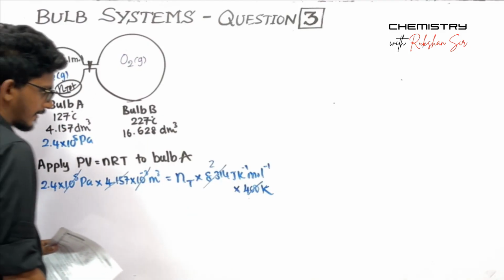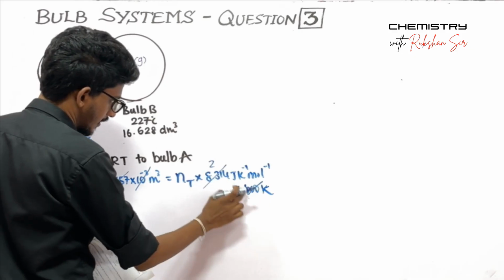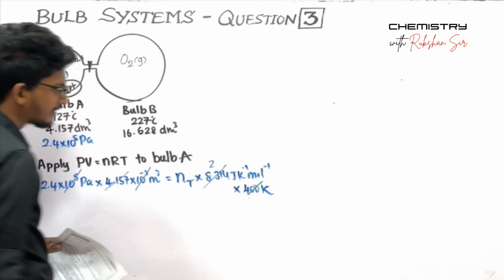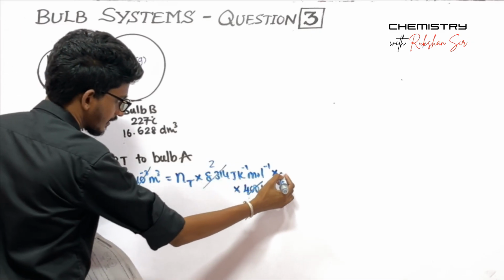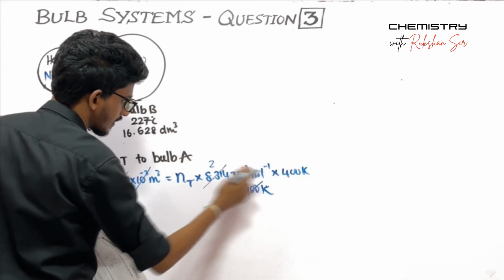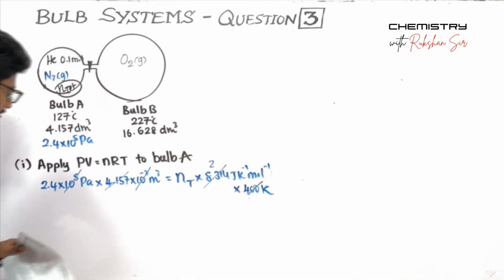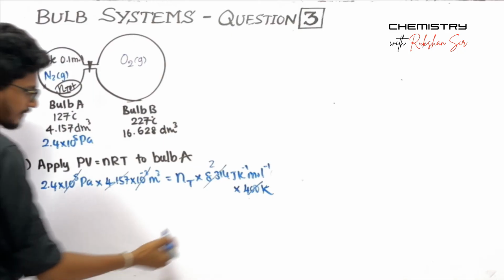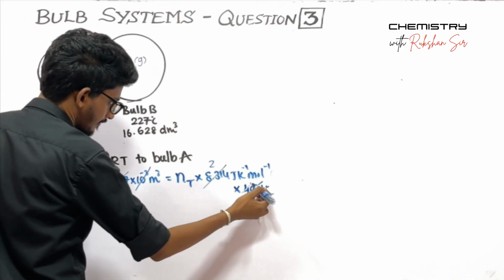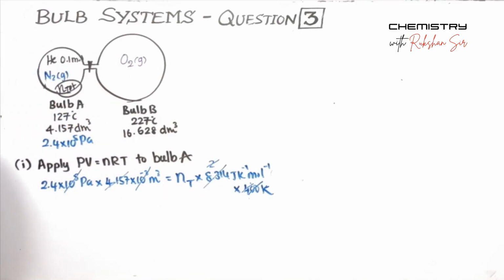So you have 2 into 4 is 8. 2 into 4 is 8. And that will cancel off with this thing, right? One of the 8s, and here you have 0.3.